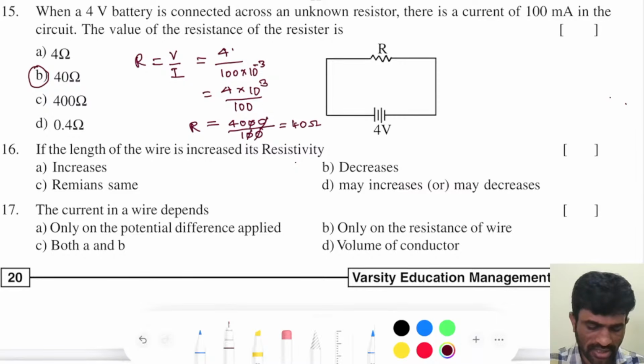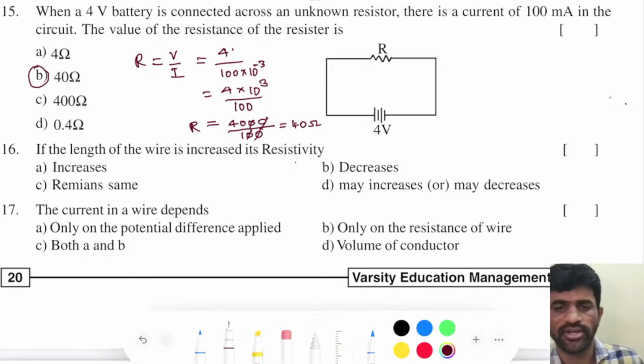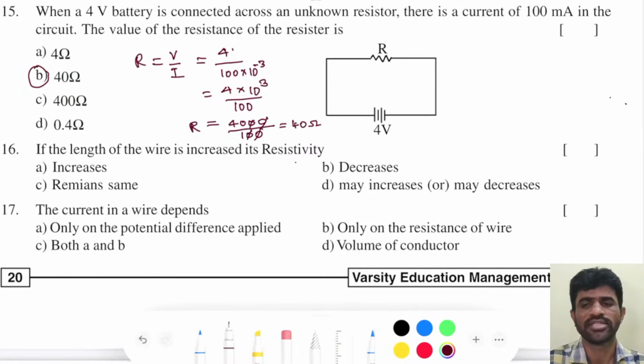The length of the wire is increased, its resistivity. Again the question is on resistivity. What happens to resistivity? The length is increased, does resistivity change? It's not resistance, it is resistivity. Question number 16, we already discussed before.